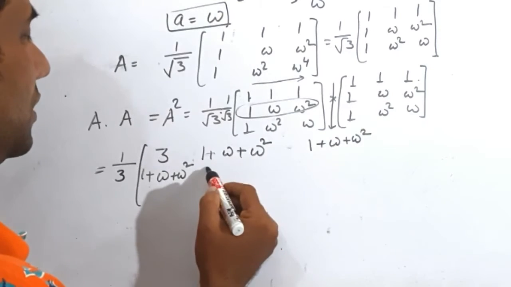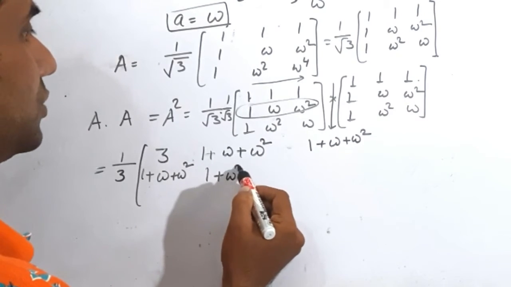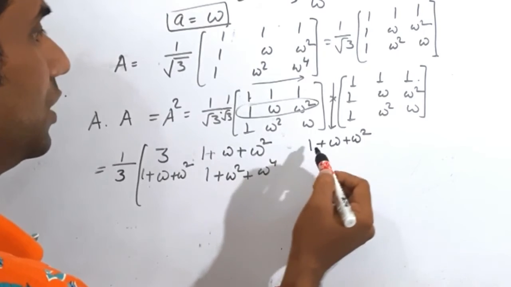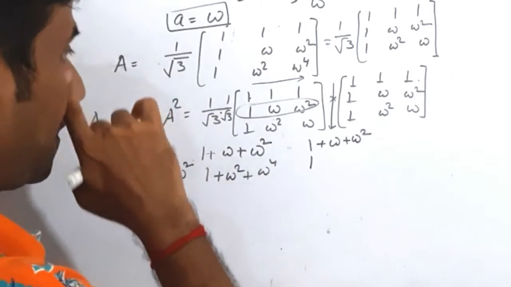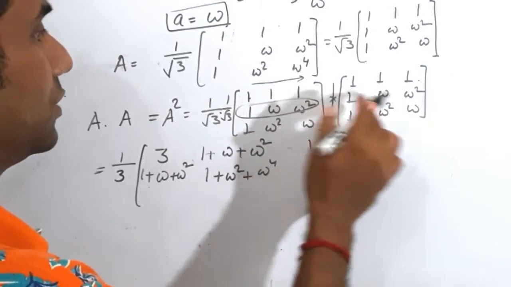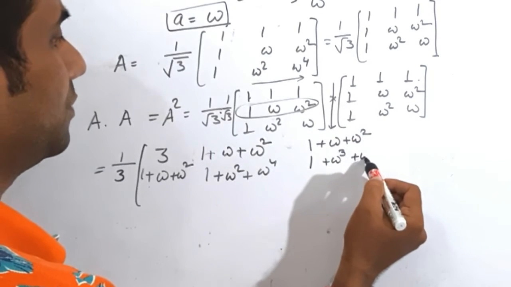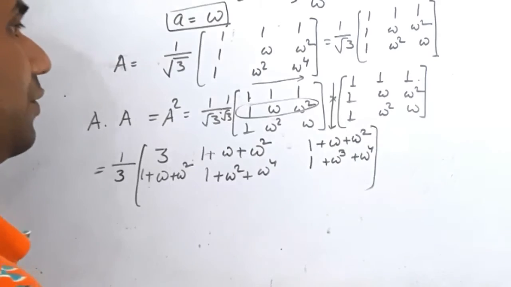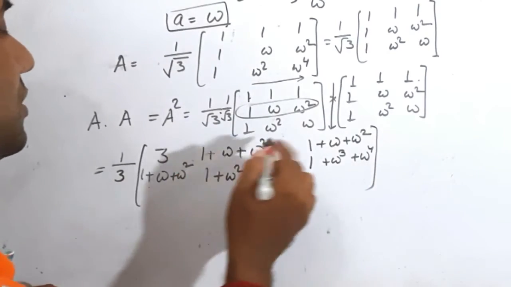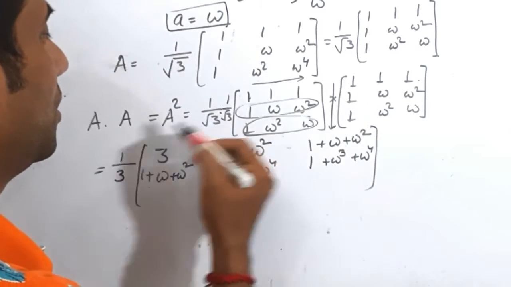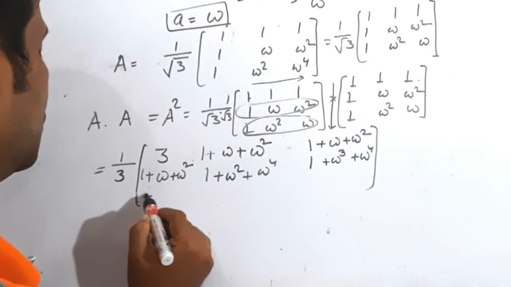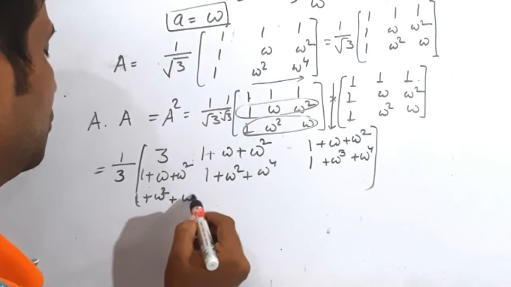Second row is 1 plus omega square plus omega to the power 4, this is 1 plus omega cube plus omega to the power 4. Now again multiplying, we get the third row: 1 plus omega square, 1 plus omega square plus omega.